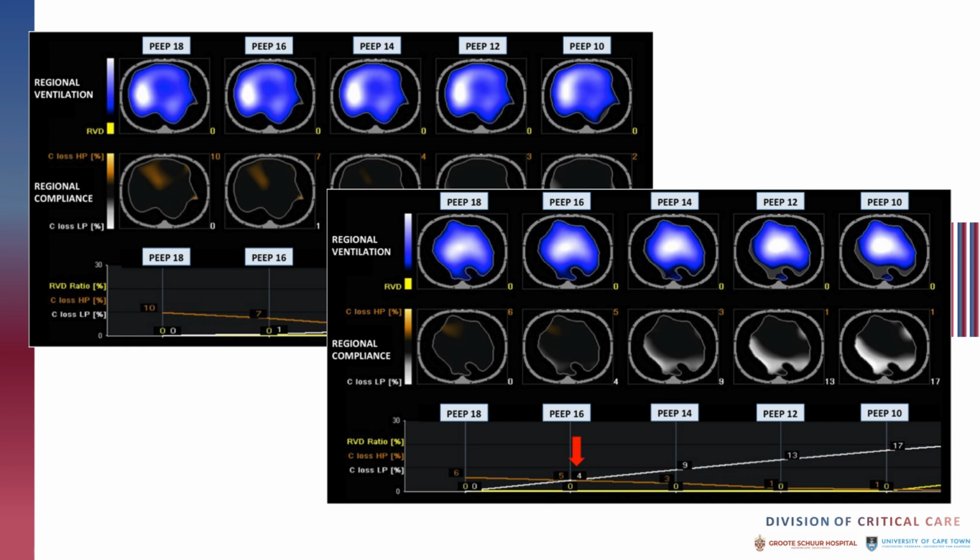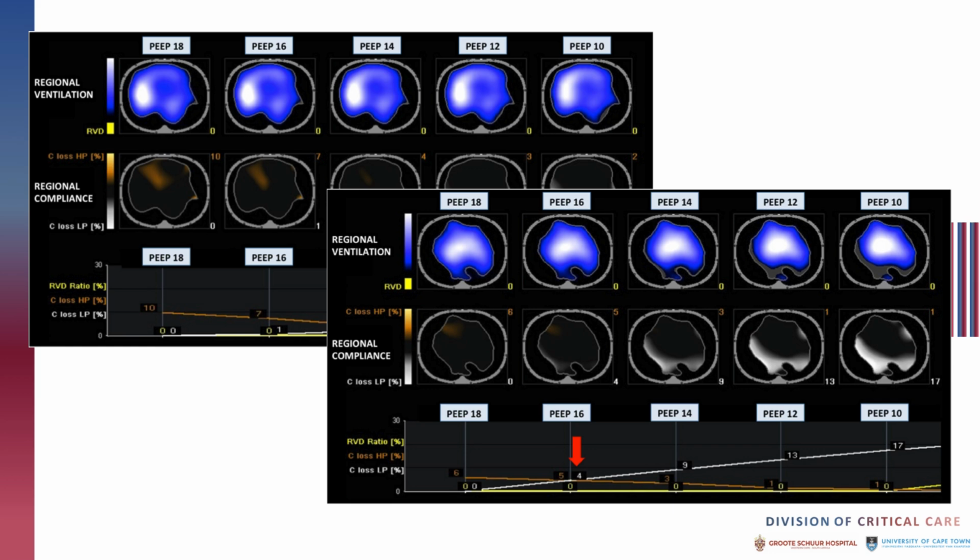And what do I mean by that? Well, essentially, when we put this impedance belt monitor on the patient, we then get what you could almost describe as a single slice, like a CT scan of the lung, but in real time, and on a breath-to-breath basis.